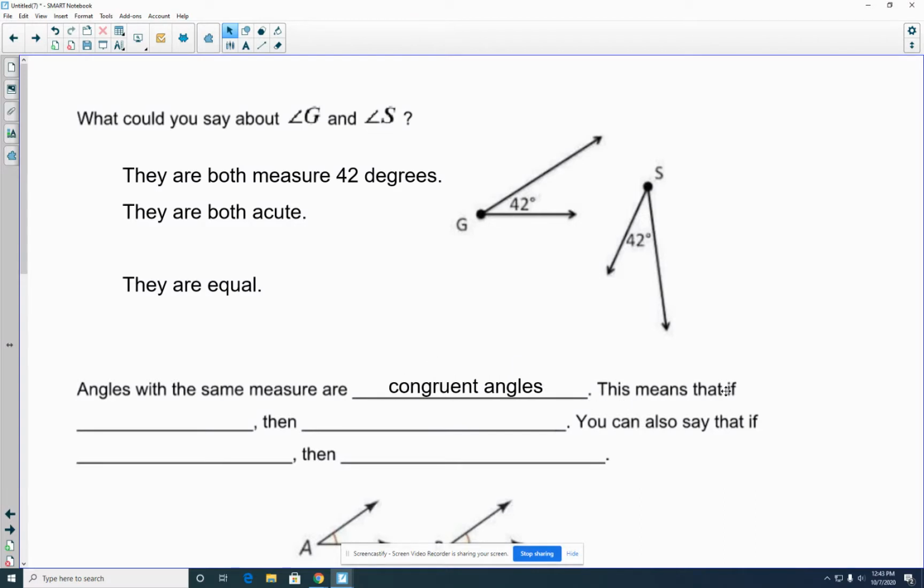This means that, let's go back up here, where are my angles that are the same measure? That would be G and F. So let's fill this in. I'm going to draw a little arrow so you know where we're getting this information from. Take this and bring it down here.